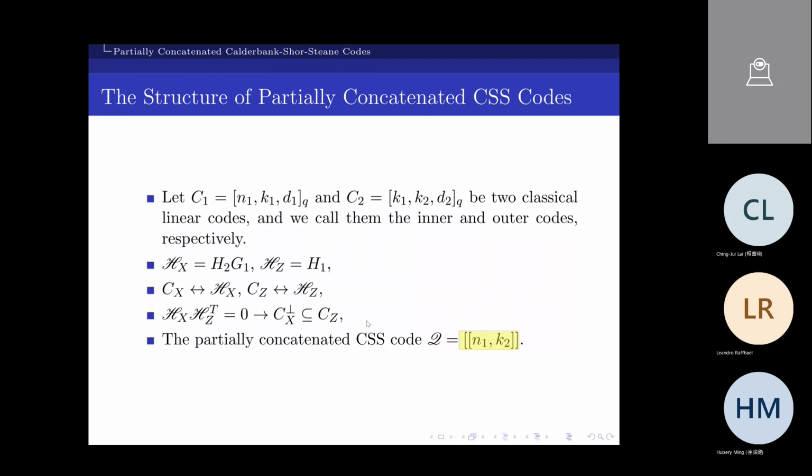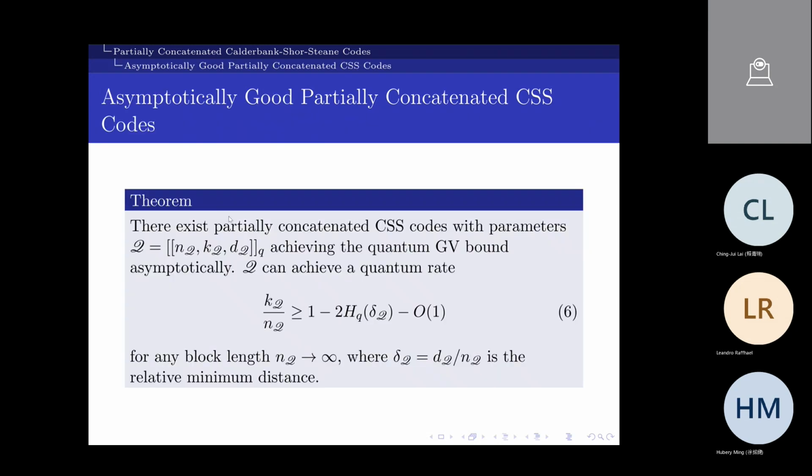However, we can see that the minimum distance of Q was not determined, and we need to compute the minimum distance of Q. So here we have a conclusion about the asymptotically good partially concatenated CSS code.